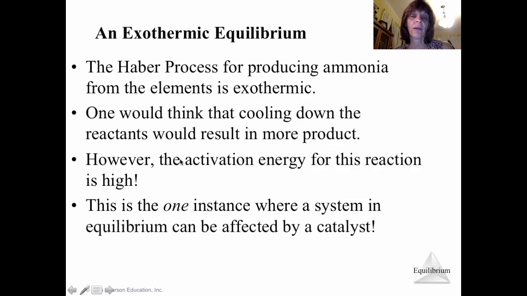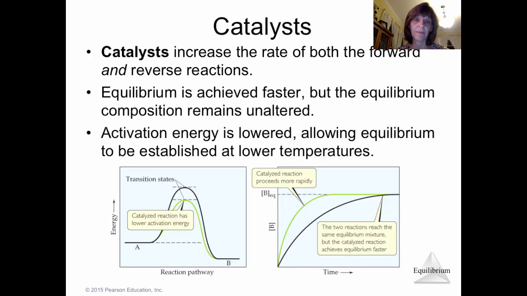Now, as it turns out, cooling does help, but the activation energy is really high, so a catalyst is also employed for the Haber process because you need to lower that activation energy for all of those other effects to have the maximum impact. So a catalyst increases both the rate of the forward and the reverse reactions.